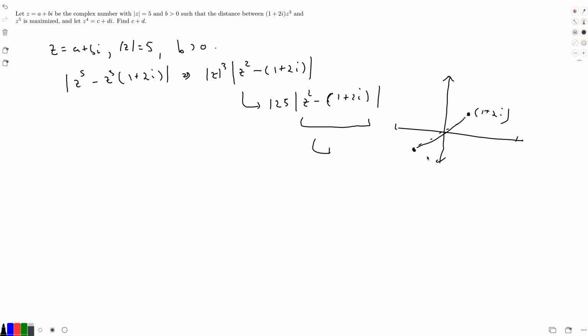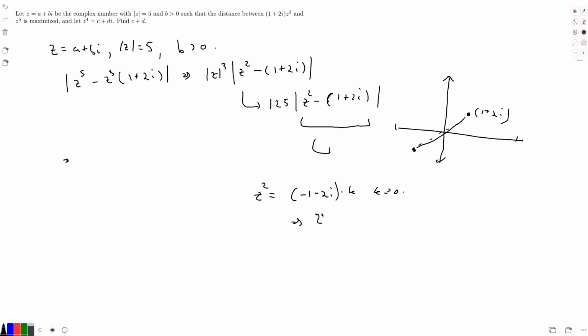This will produce the maximum distance, right? So doing that, we get that z squared must equal negative 1 minus 2i, times some constant k for k greater than or equal to 0.